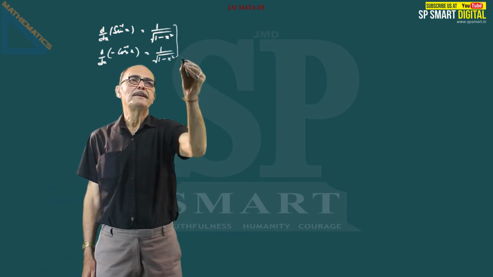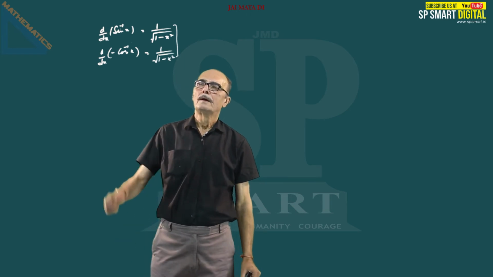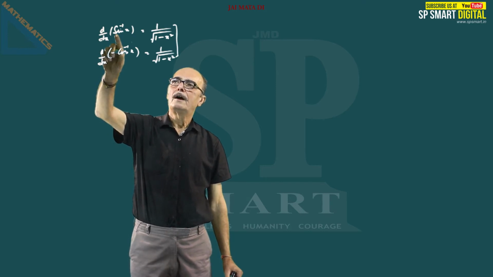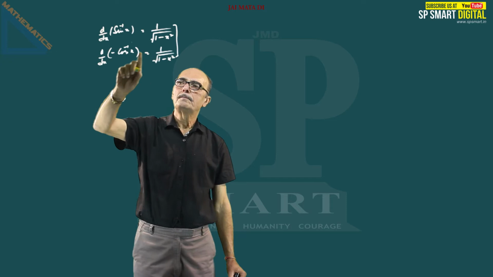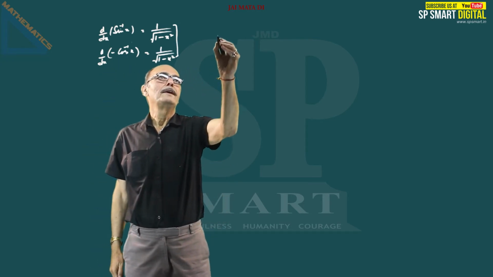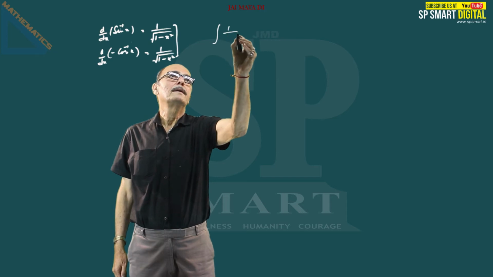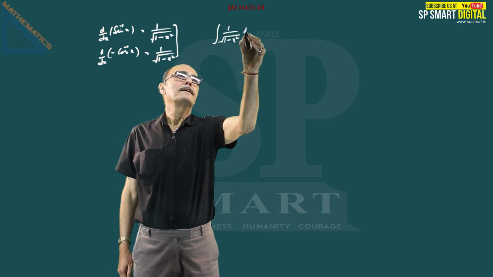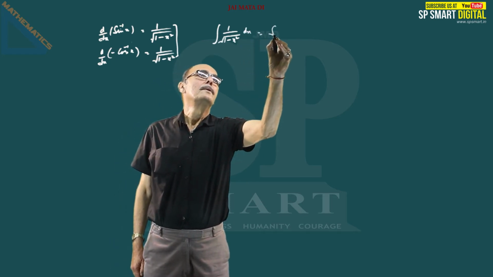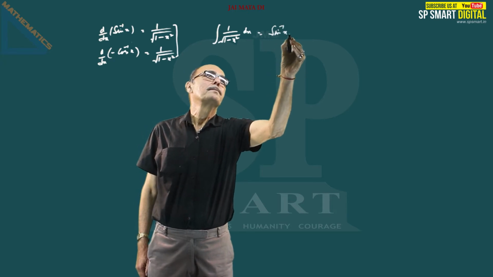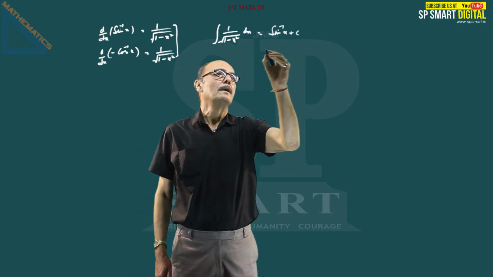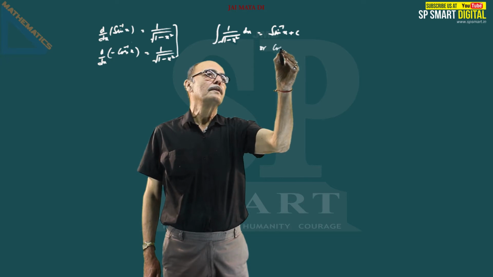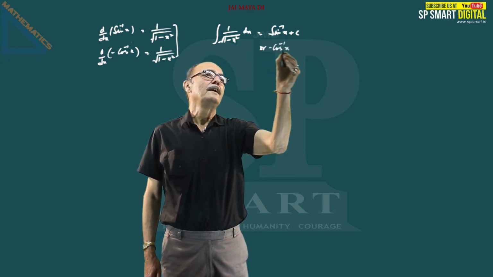So, if we observe the right hand side here, integral of this will be sin inverse x, also integral of this will be minus cos inverse x. So, we have the formula from here: integral of 1 upon under root 1 minus x square dx equal to sin inverse x plus c, or minus cos inverse x plus c.